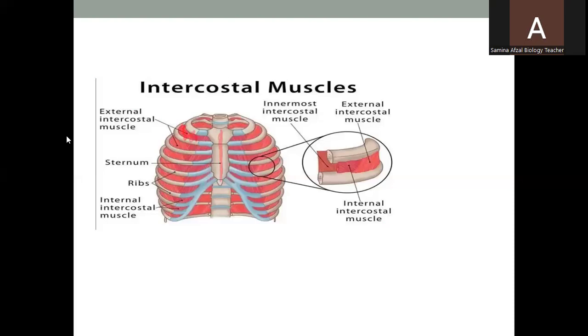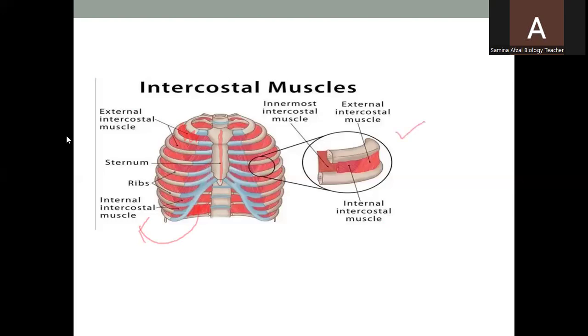You can say they are the external intercostal muscles, whereas the internal intercostal muscles are present on the internal side of the ribs.